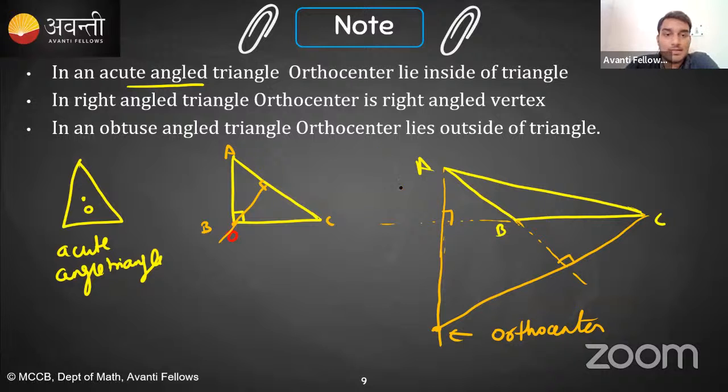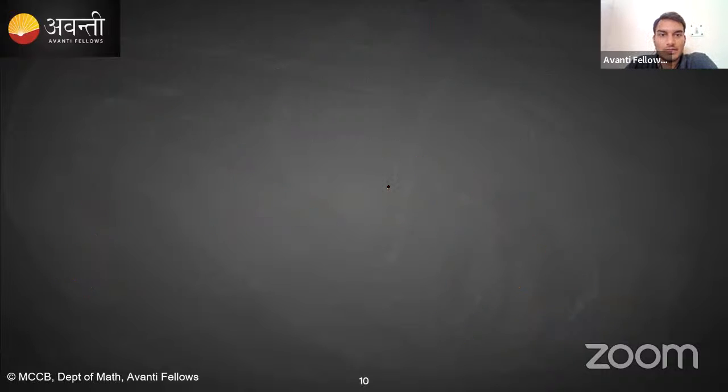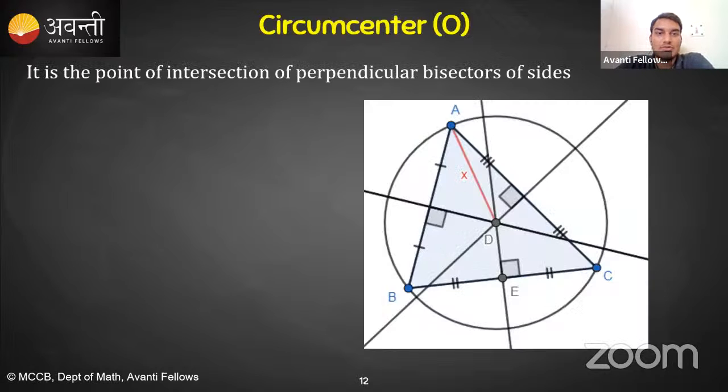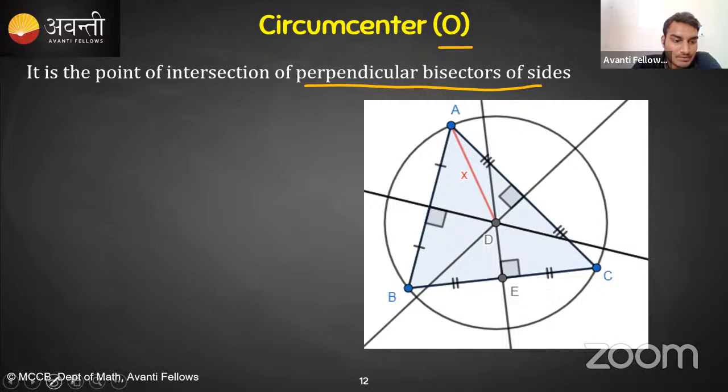Okay, so moving forward, there is one more special point in the triangle that is left, which is known as the circumcenter, and it is denoted with the symbol O. The circumcenter is the point of intersection of the perpendicular bisectors of the sides. A median is the bisector of a side, but for the circumcenter we need the perpendicular bisector of the side.